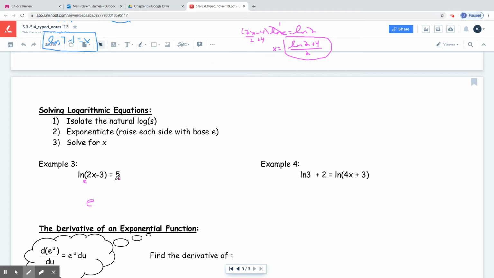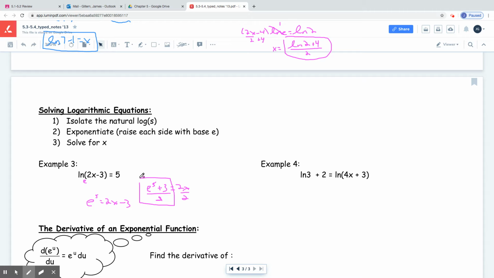So it's e to the 5th equals 2x minus 3. We now solve for x, which is e to the 5th plus 3 equals 2x, and then divide by 2. So you get an answer of e to the 5th plus 3 over 2.